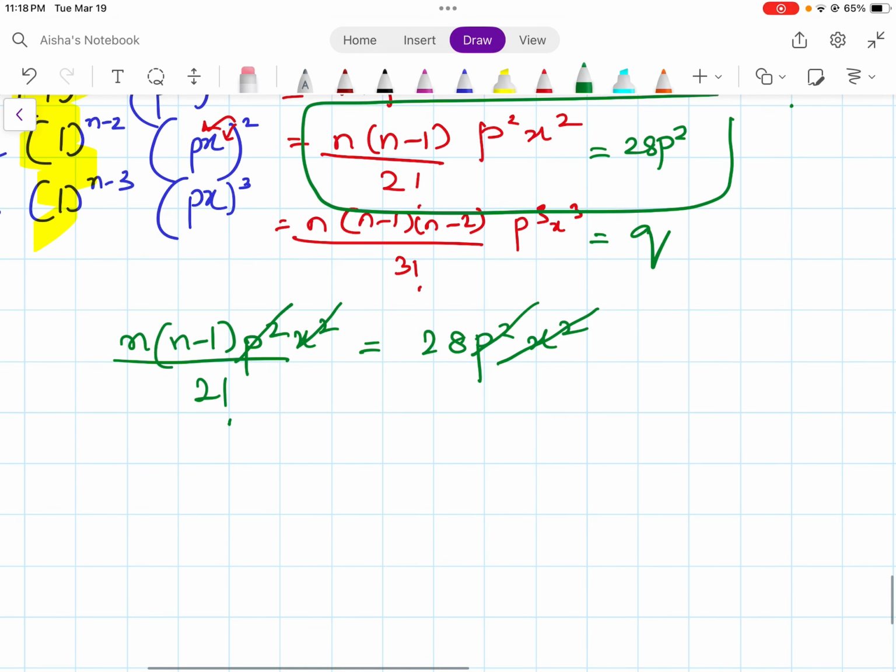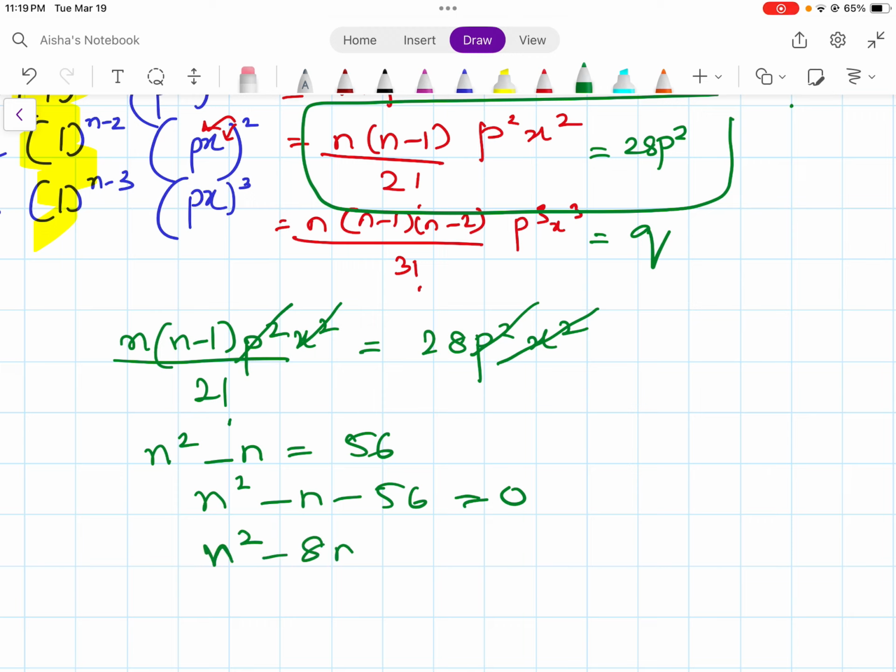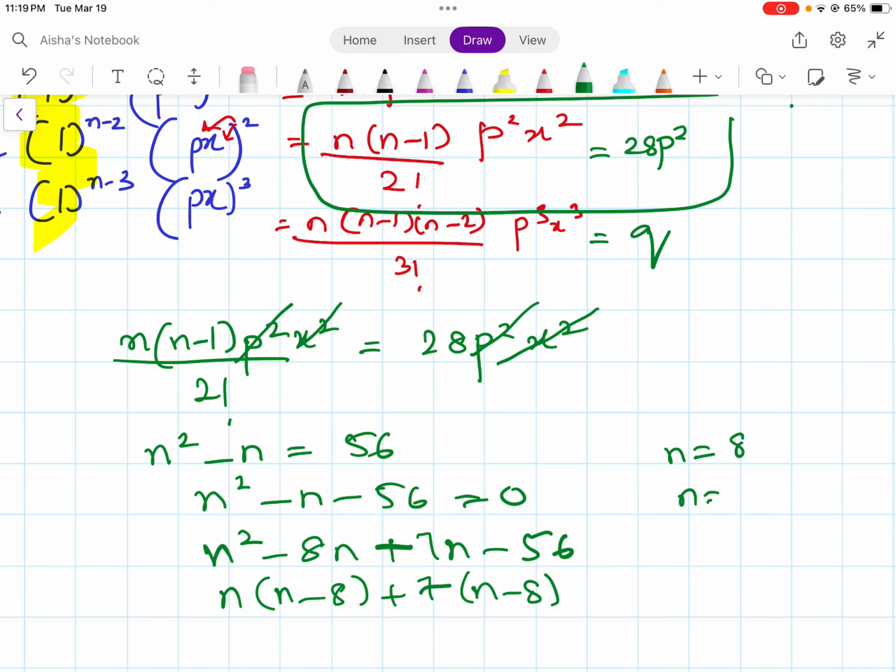We are taking coefficients, so I'm not going to take this. p square cancels out. So my value of n will come out to be n is 8 and n is minus 7.